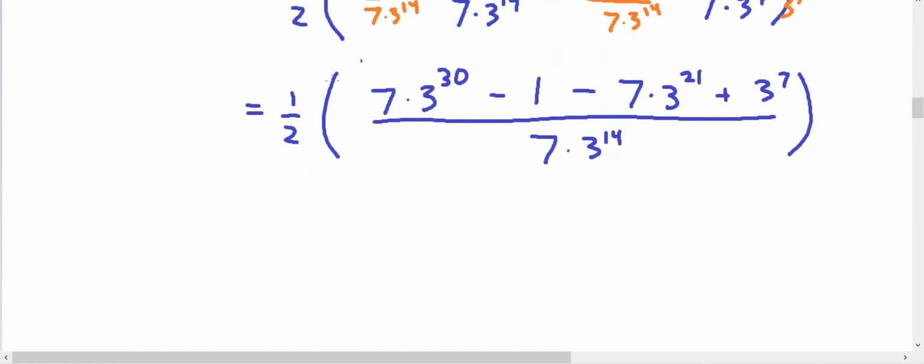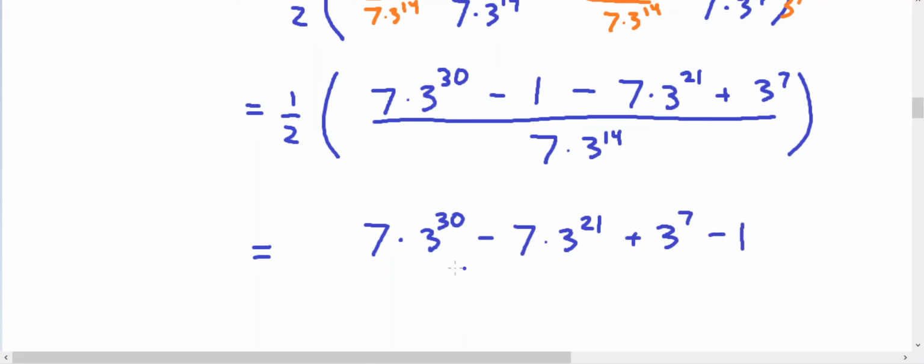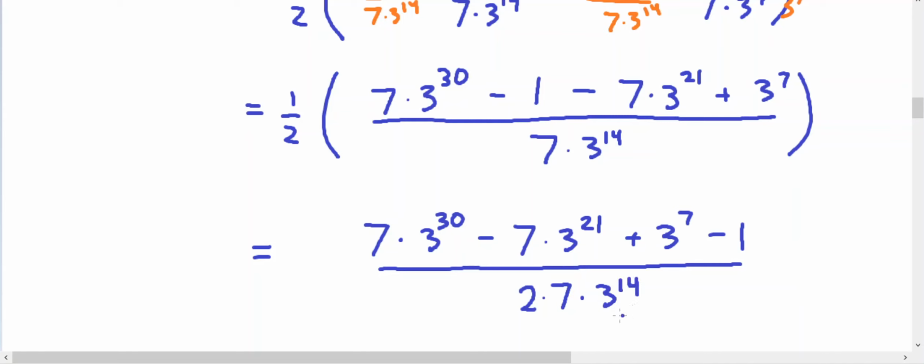So at this point, we could get this 2 factored into the denominator, and let's see. Yeah, we'll just rearrange the powers of 3 so it looks a bit nicer. So 7 times 3 to the 30 minus 7 times 3 to the 21 plus 3 to the 7th minus 1, all over 2 times 7 times 3 to the 14th.